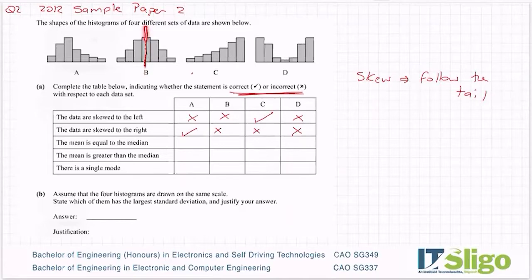It also means the median, which is the middle value, occurs in the middle. And it also means the mode, the value that occurs most often, is there in the middle. Okay, so that's the normal distribution. That's the properties of it. So for sure, the mean is equal to the median for B.